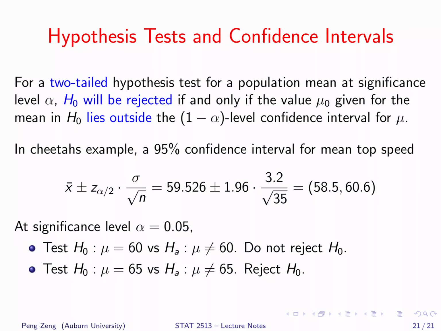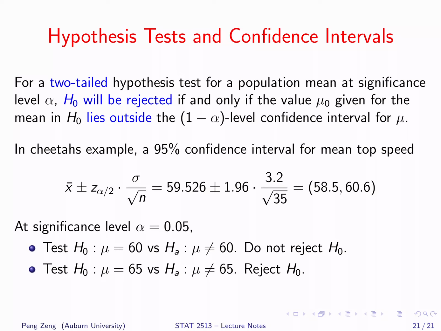Last, we want to draw a connection between hypothesis test and the confidence interval. For a two-tailed hypothesis test for a population mean at significance level alpha, H0 will be rejected if and only if the value mu0 given for the mean in H0 lies outside the 1 minus alpha level confidence interval for mu.